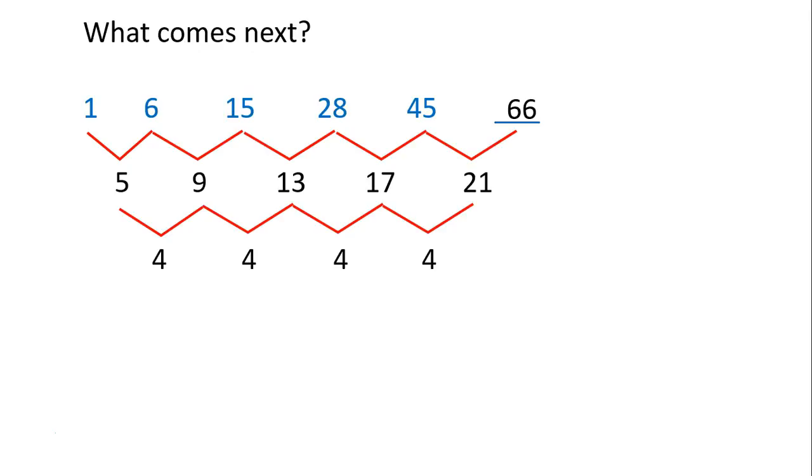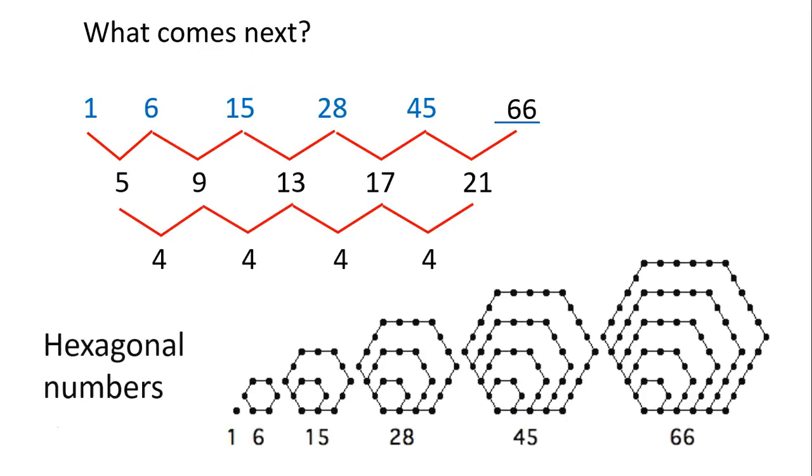Now we didn't have a picture to start this one out with, but those numbers actually came from what are called the hexagonal numbers. Hexagonal numbers are formed by starting with one dot and then forming hexagons, that's 6-sided figures with more and more dots, so that we have these nested hexagons.